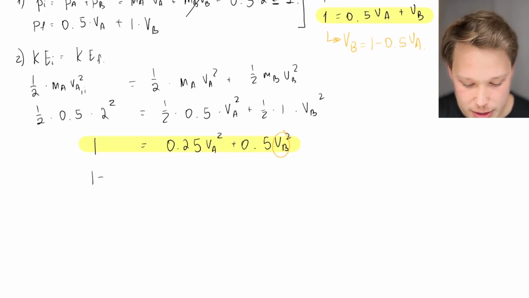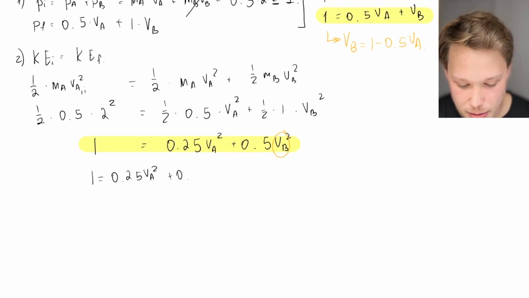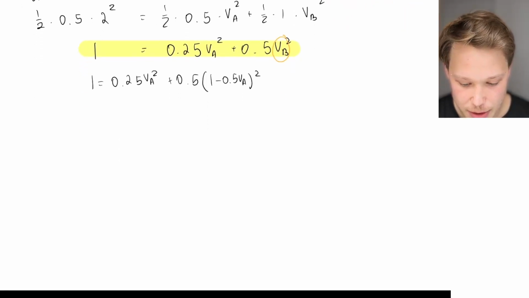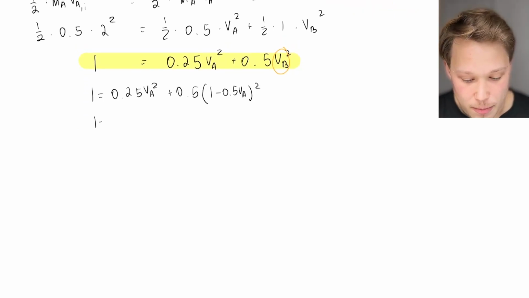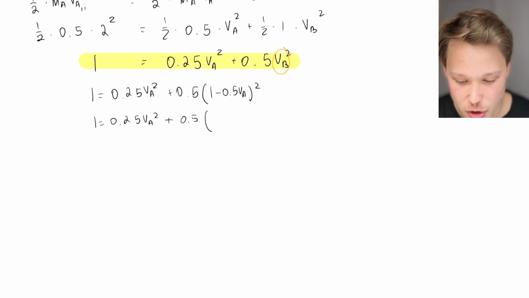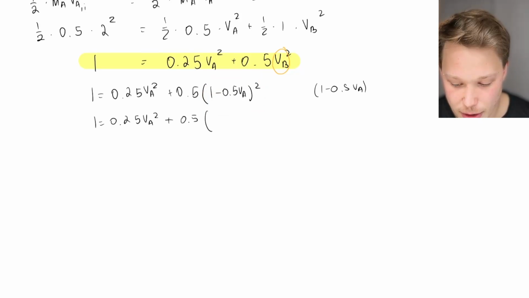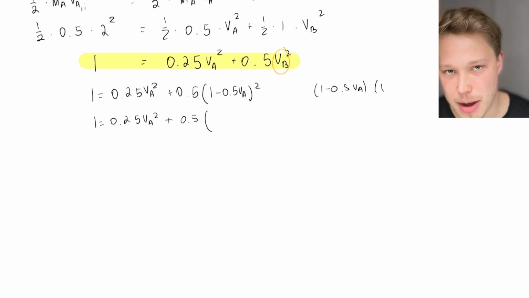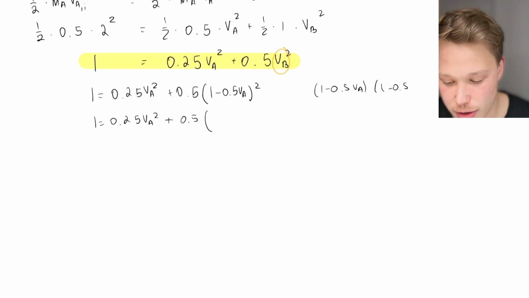So 1 is equal to 0.25 VA squared plus 0.5, and instead of V of B squared, I'm plugging in this expression. Bear with me as we conquer this algebra. You can rewrite this square as 1 point... If you forgot the a minus b squared formula, you can just FOIL it.